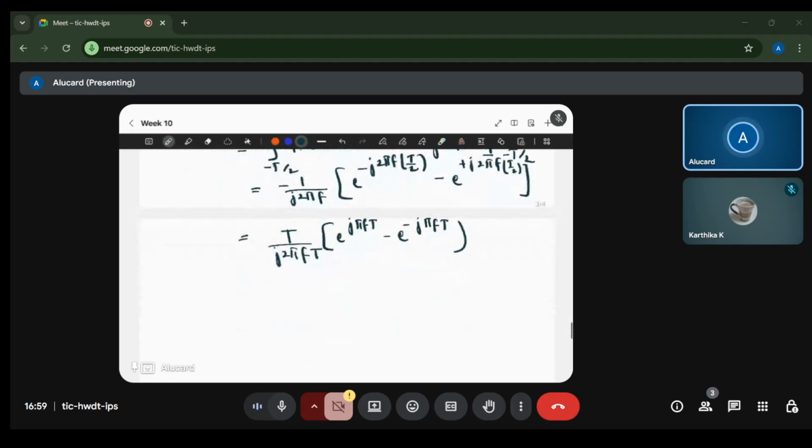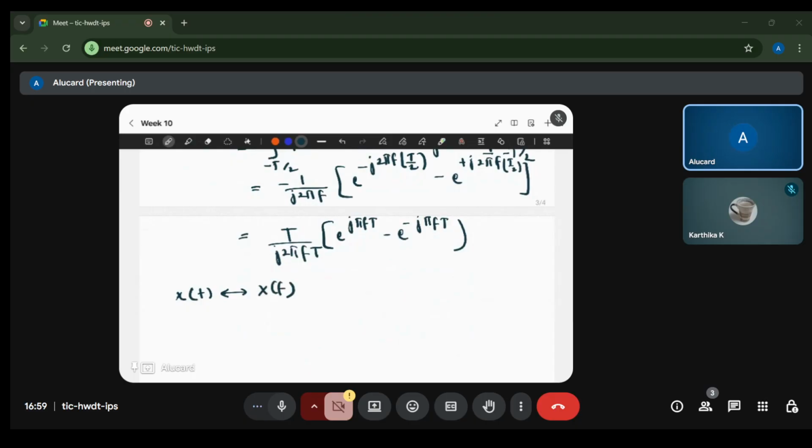Okay, then the next thing you have to know is that here the signal is not just rectangle of t over capital T, it's a shifted version. But if x of t has the Fourier transform x of f, then you can show that x of t minus some delay tau is x of f times e power minus j 2 pi f tau.